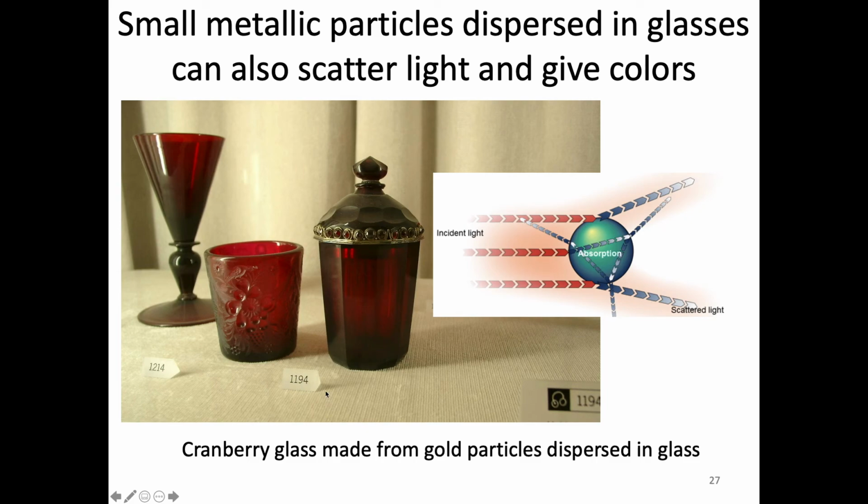The reason it's so expensive and rare is that these examples of cranberry glass have gold nanoparticles, or small micro or nanoparticles, embedded within the glass. So you can understand why it's so expensive with the gold. Those particles scatter and disperse light, giving it a unique color. Effectively, we're changing the wavelength of the light by scattering, by interaction with these particles, and this gives us that red coloration after scattering.